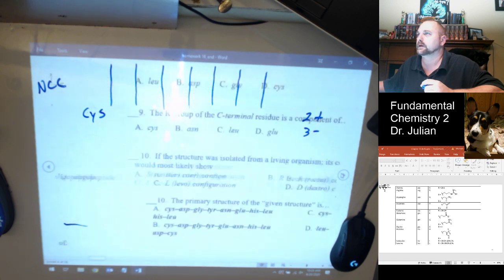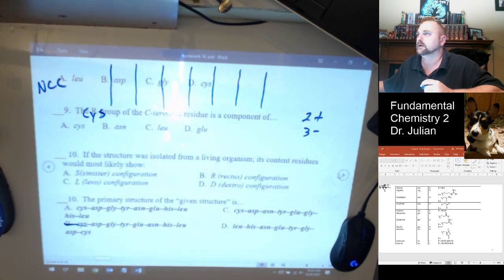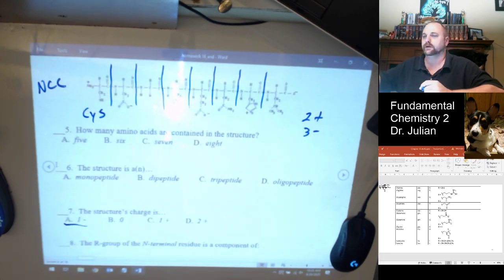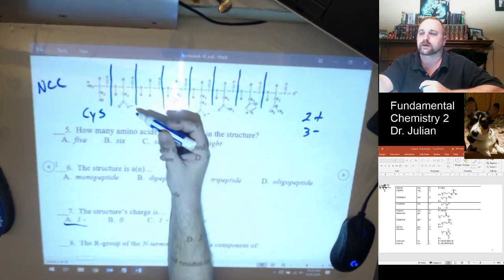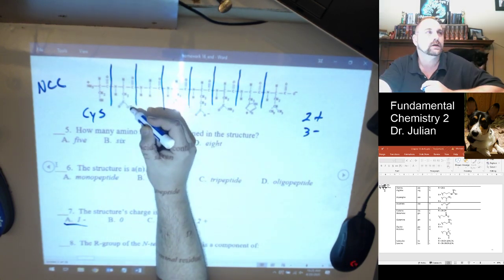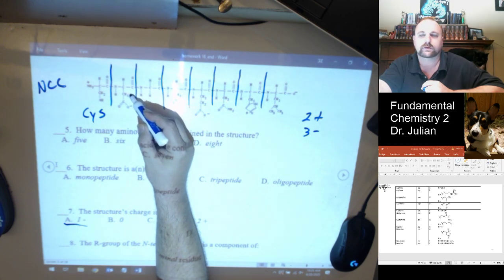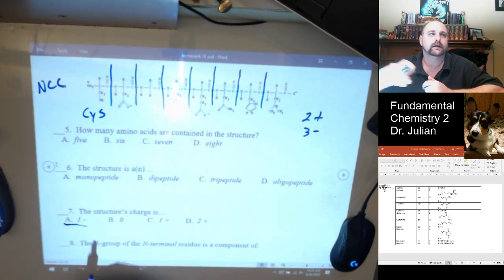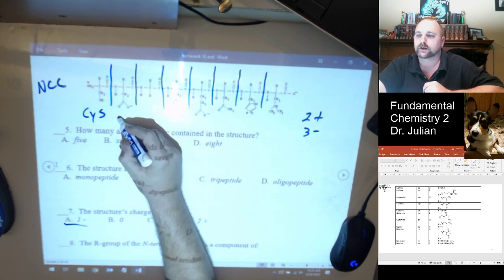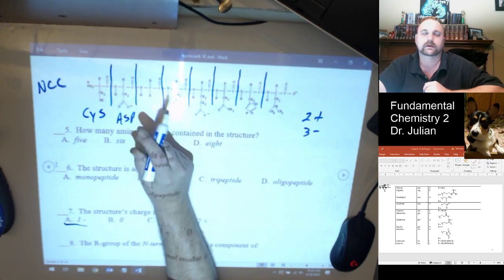Wait a minute. It does ask us eventually to do it, so let's go ahead and do that. We're going to go CH2, C carbonyl, and the key is there's only one CH2. There are 2 of them that are like that. Glutamate looks like that, but it's not quite. And this is aspartate, so that's ASP.